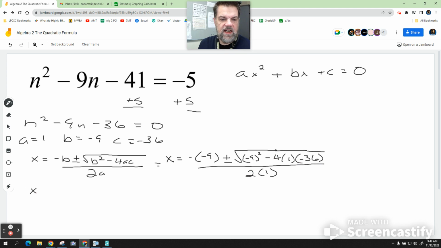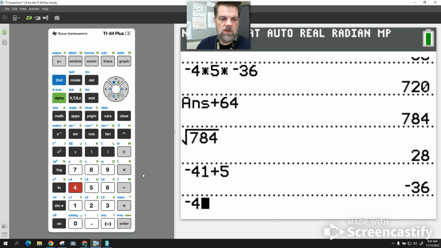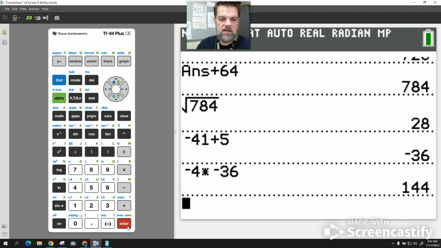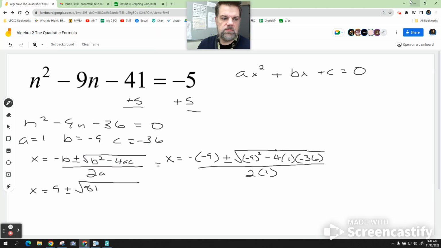So then I get x equals positive 9 plus or minus the square root of 81, negative 4 times negative 36, handy dandy calculator, negative 4 times negative 36, 144.